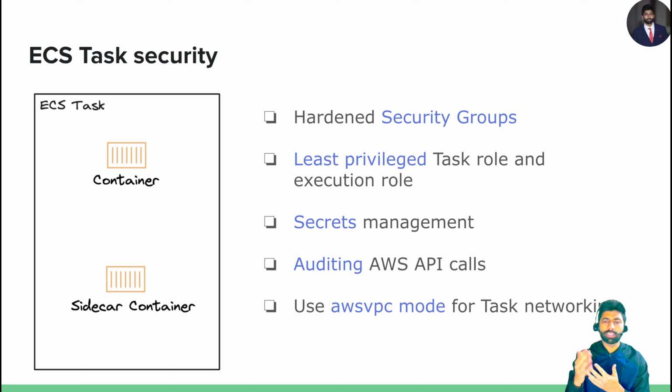Now let's discuss some of the other considerations around ECS security. The first one is, if you're using ECS Fargate, then make sure that you are encrypting the ephemeral storage using Key Management Service from AWS. The second one is to use ECS exec only wherever it is really needed by your business.